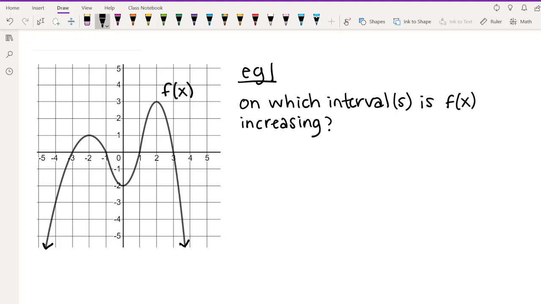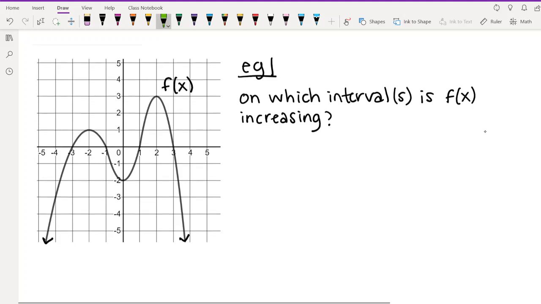If you haven't already, I would recommend at this point pausing the video and trying this yourself, because now we know all the different terms and it's just a matter of practicing them. Okay, so if we're looking for the graph to be increasing, that means we're looking for the parts of the graph where as you move from left to right, the graph is going up.